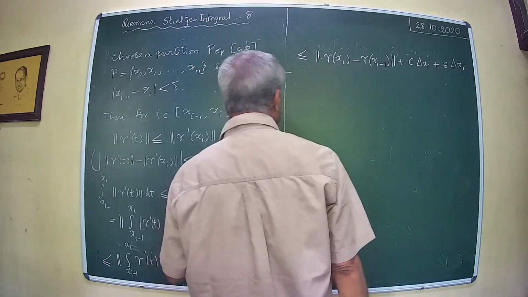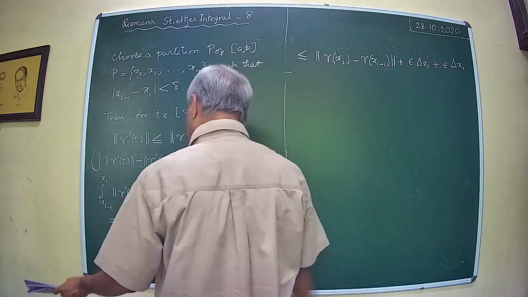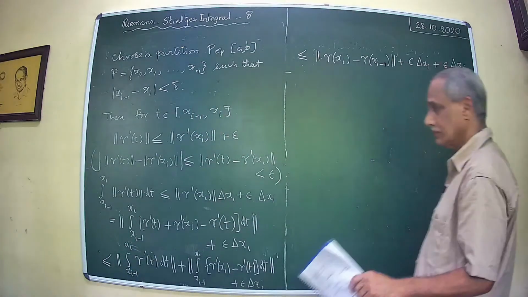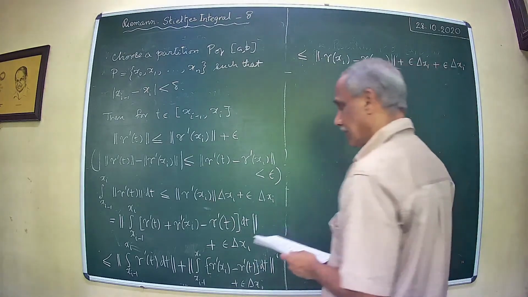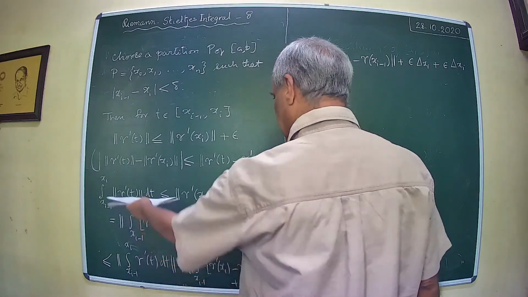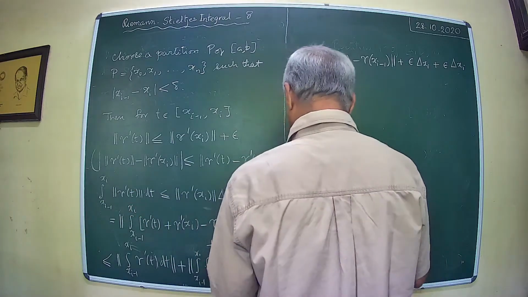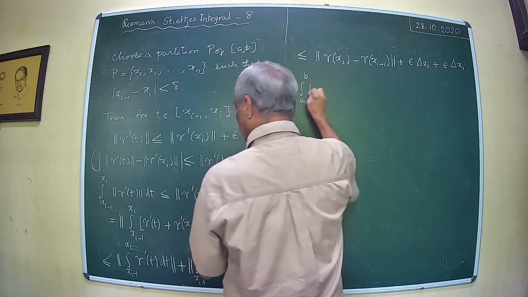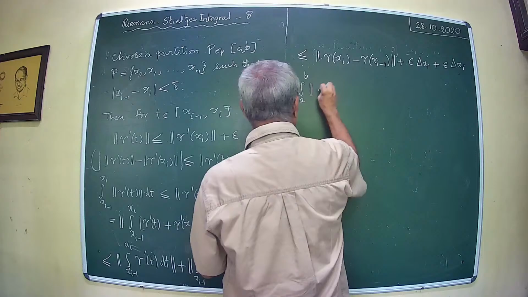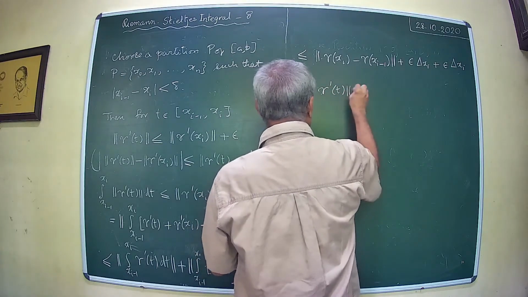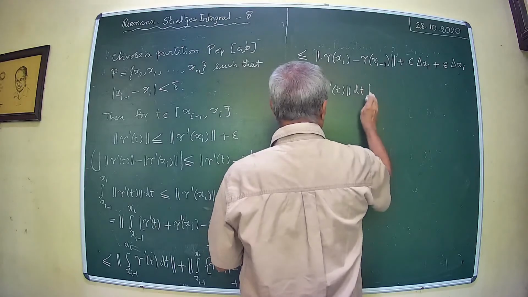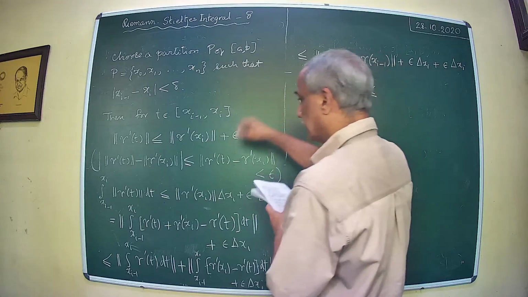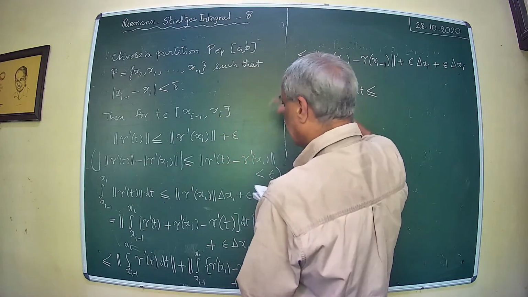And therefore, suppose you now sum it up. If you sum it up over all partitions, all intervals, so what you have is that, see, we started from here. So we have now the integral from a to b of the norm of gamma prime t dt is less than or equal to, this is after summing up over the interval ab, that is all partitions.